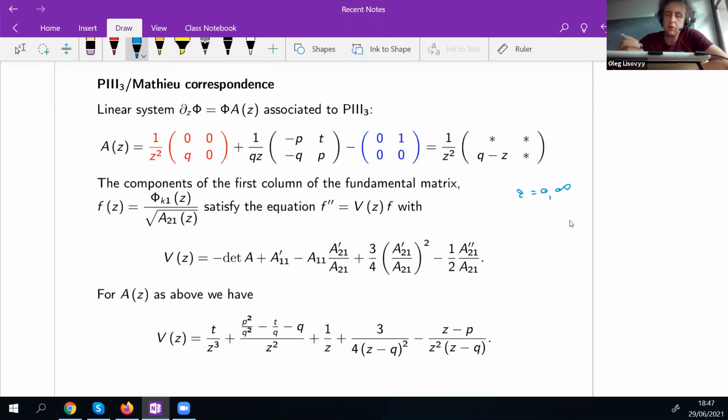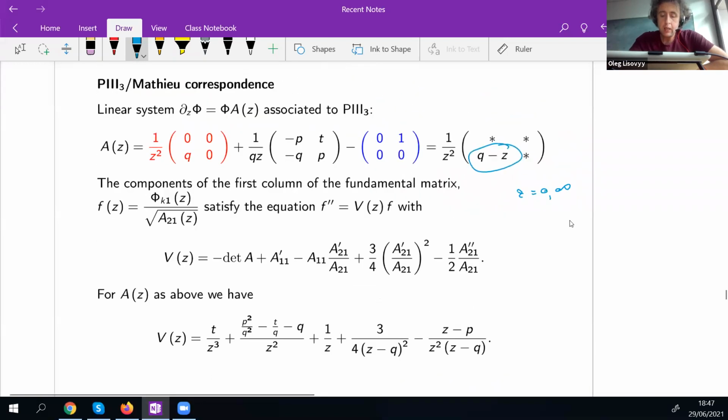Essentially, all you have to do is to write the 2-1 element of the matrix A of z and check the form of the potential.